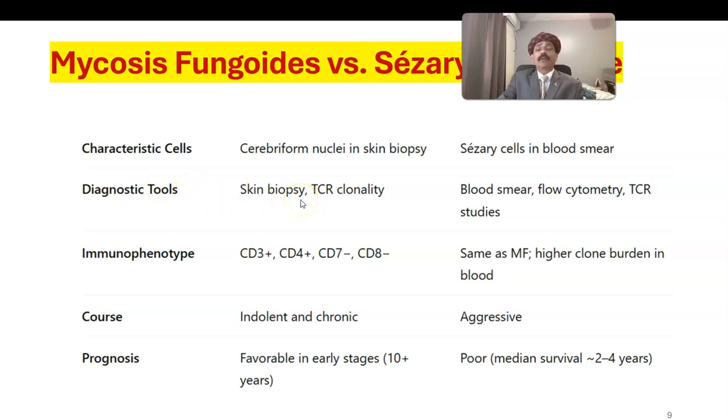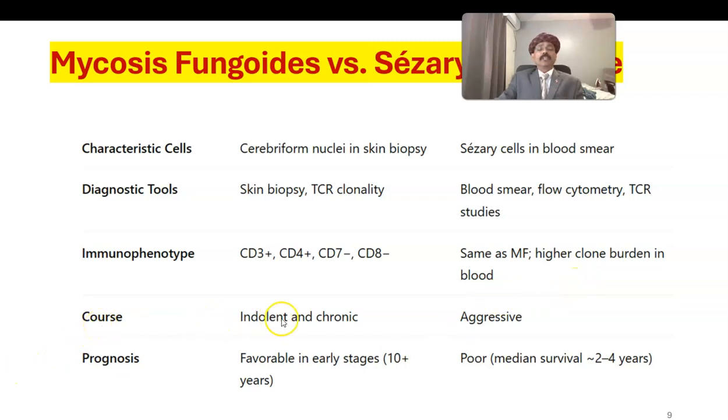Diagnostic tool: skin biopsy, TCR clonality. In Sézary syndrome, diagnostic tools are blood smear, flow cytometry, TCR studies. Immunophenotype: CD3, CD4, CD7 minus, CD8 minus. In Sézary syndrome, same as that of Mycosis fungoides, with higher clone burden in blood.